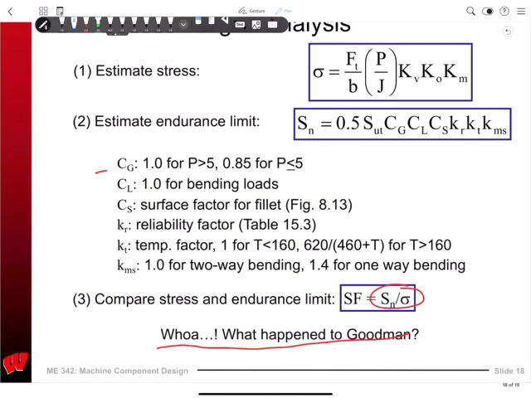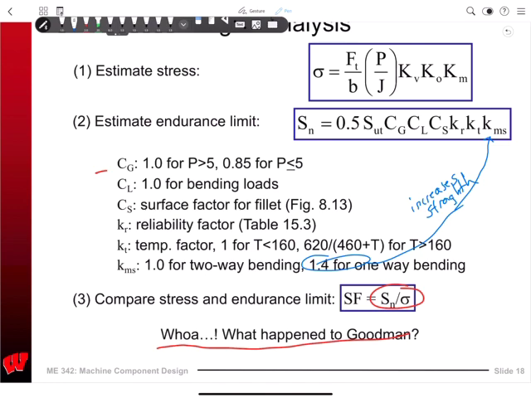So KMS is 1.4 for one-way bending and 1.0 for two-way bending. And so what does KMS do? Oh, so that's interesting. That increases strength, right?